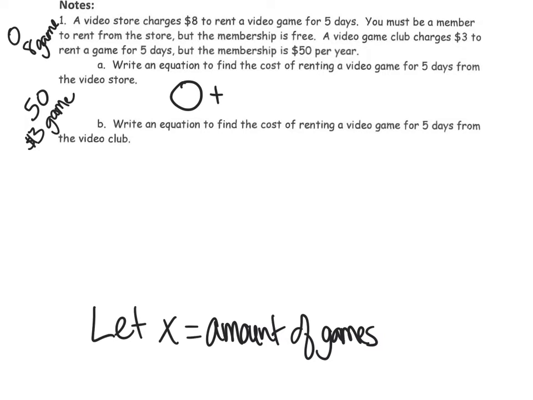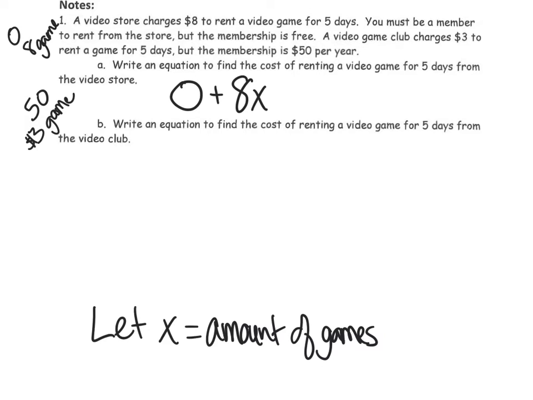But now I need to know, I'm going to rent games. It's $8 every game I rent. So what's going to go after the plus sign? X. Just x? No, that does not go after the plus sign. 8x, $8, yes. $8 per game, 8x. We don't do any equal signs here because they're just asking for the basics.